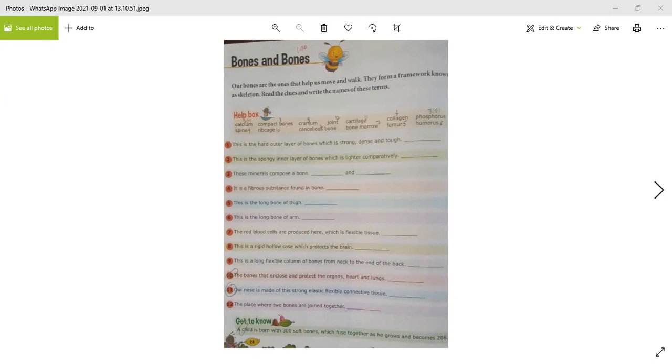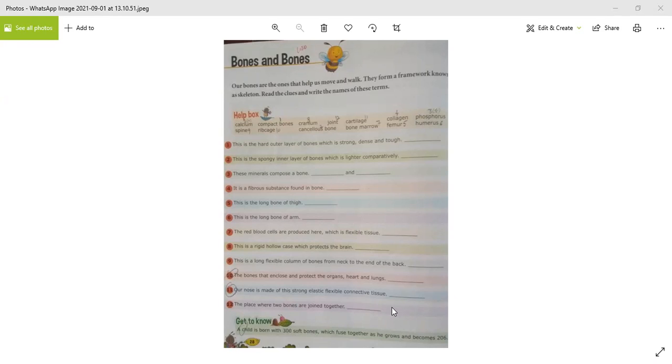And when we become adult, the number of bones is 206 in our body. So it is given in this get to know. You can underline that a child is born with how many soft bones? 300 soft bones. But with the passage of time, it fuses together. And when he grows, it becomes 206.